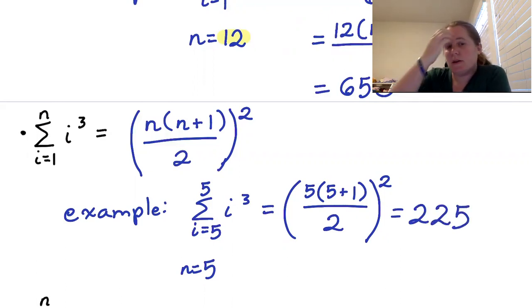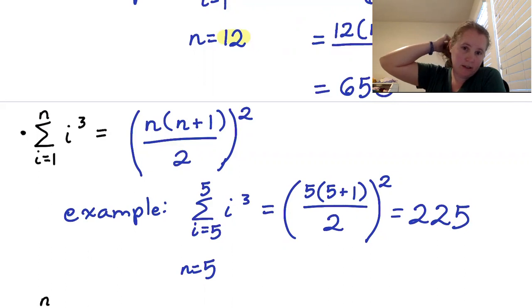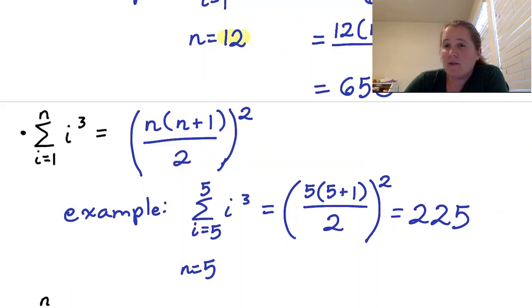So we could just do a quick check. 5 cubed is 125, plus 4 cubed is 64, plus 3 cubed, we're adding 27. So 64 plus 27 would be 91, plus 2 cubed would be 99, plus 1 cubed is 100.